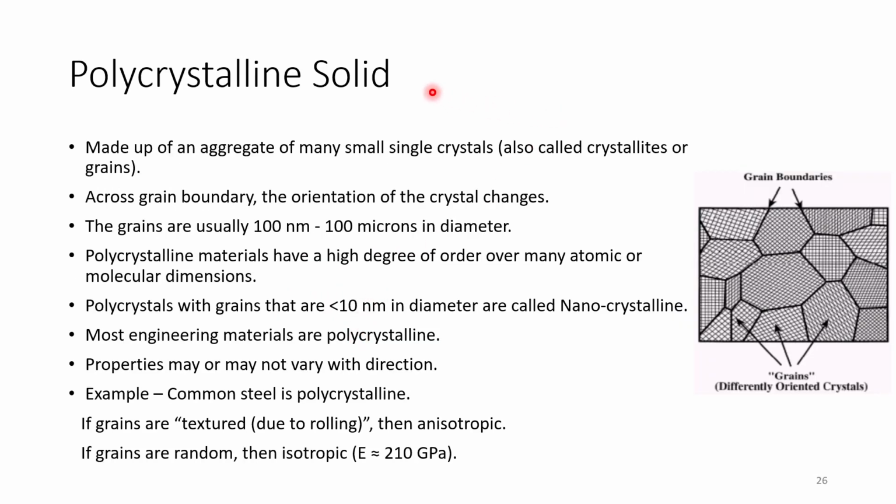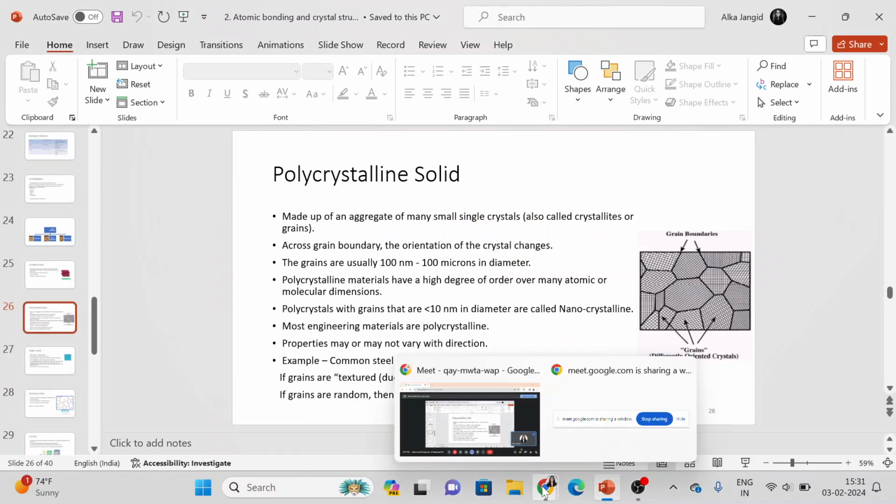Next is polycrystalline solid. It is made up of an aggregate of many small single crystals, which are also called crystallites or grains. Across a grain boundary, which are the black lines, the orientation of the crystal changes, because of the variation in orientation.